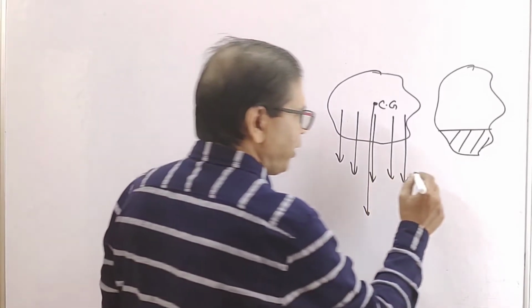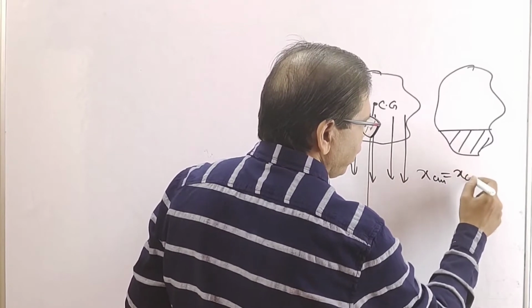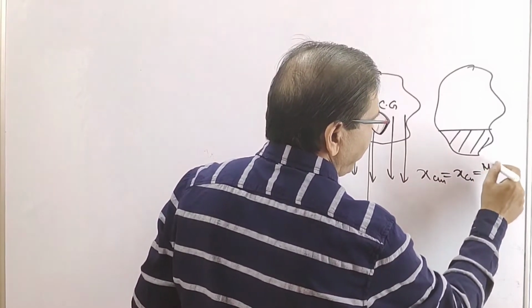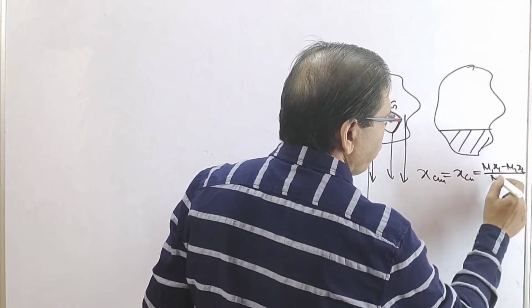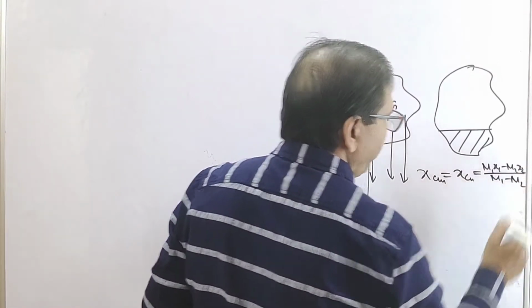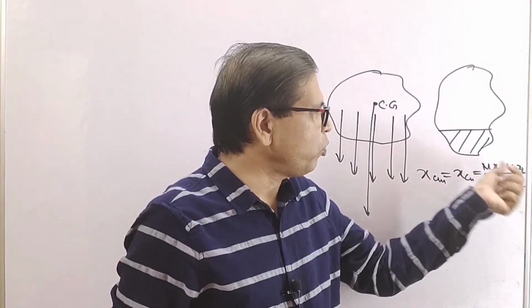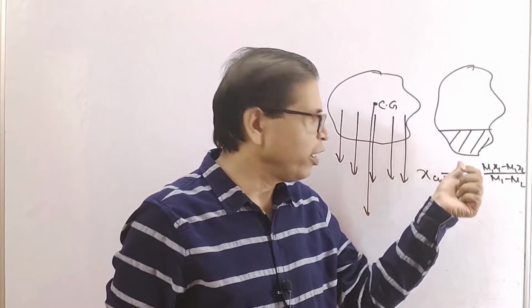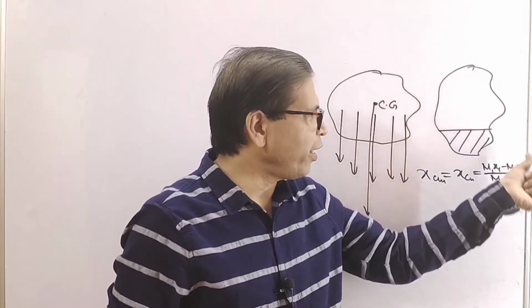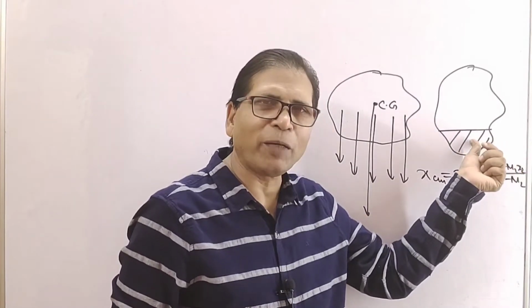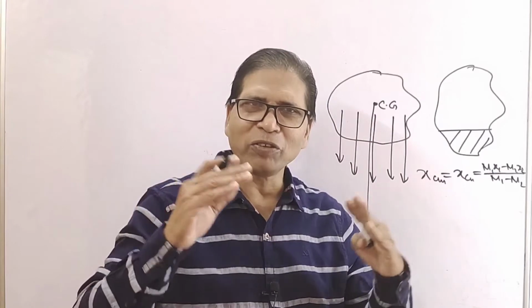The formula is, look at this, suppose this is x_cm or x_cg: m1 x1 minus m2 x2 divided by m1 minus m2, where m1 is the mass of the whole portion, m2 is the mass of the cut portion, x1 is the cm or cg of the whole portion, x2 is the cg of the cut portion.